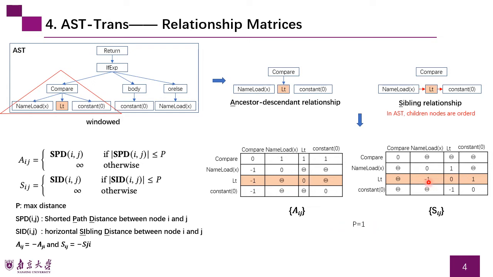So we set it to infinity. Note that we consider the relative relationship between two nodes, which means A_ij equals minus A_ji and S_ij equals minus S_ji if a relationship exists between node i and node j.